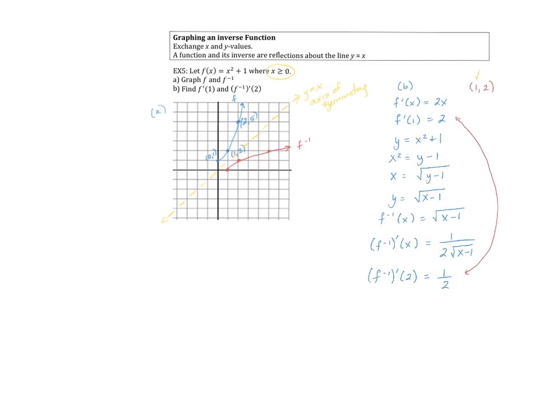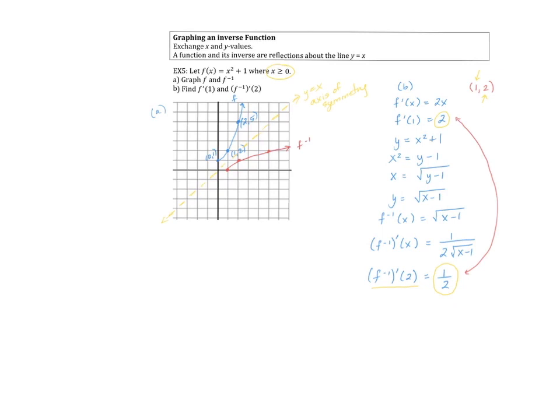We put in this x value, 1, and we got the derivative was 2. The inverse function passed through the point 2, 1. We put the corresponding 2 into our inverse function, right? The derivative of the inverse function, and the derivative is 1/2. So what's interesting to note is that the derivatives are flipped. They are reciprocals of each other.